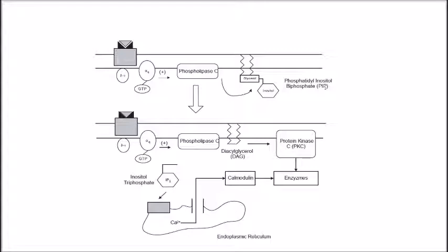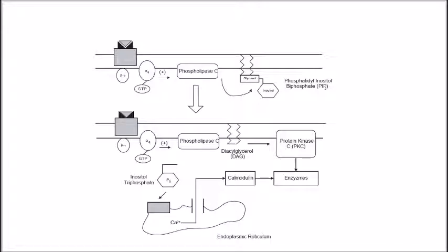This will change the level of intracellular calcium, and this will activate a number of enzymes. An important one is calmodulin, and again, numerous enzymes will be activated that will affect the nucleus and gene transcription, as well as various other neuronal functions.